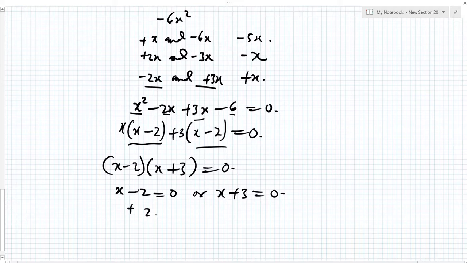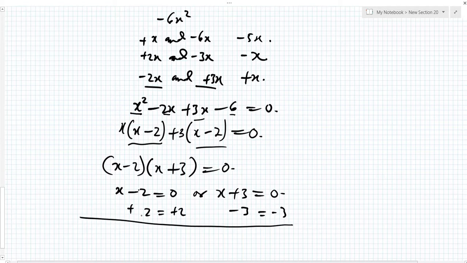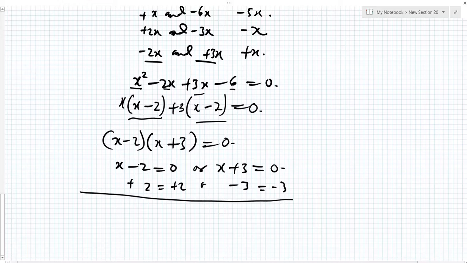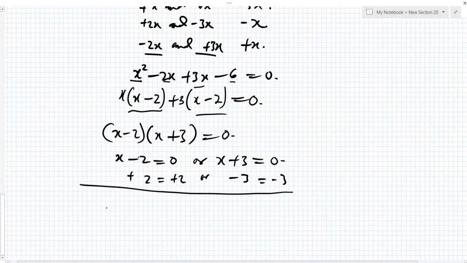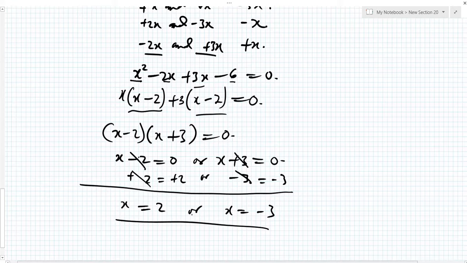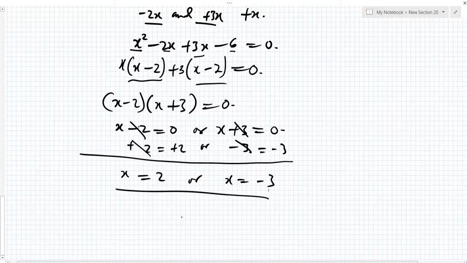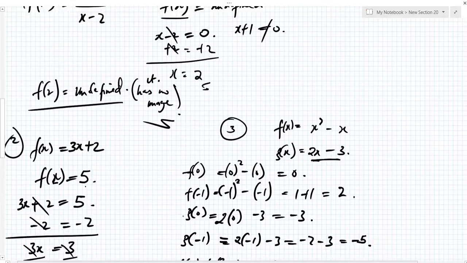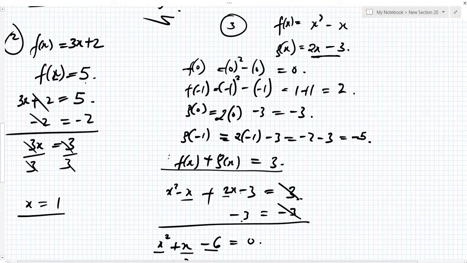So if you add plus 2 to both sides, and if you add minus 3 to both sides, you now have this will cancel out this, you are left with x is equal to 2. This will cancel out this, you are left with x is equal to minus 3. So at the point x equal to 2 or minus 3, will obey this condition.